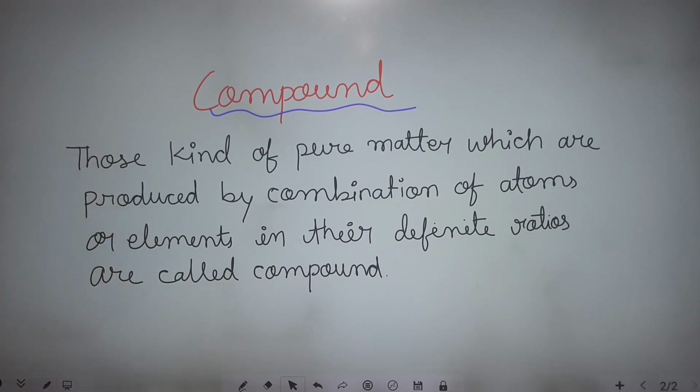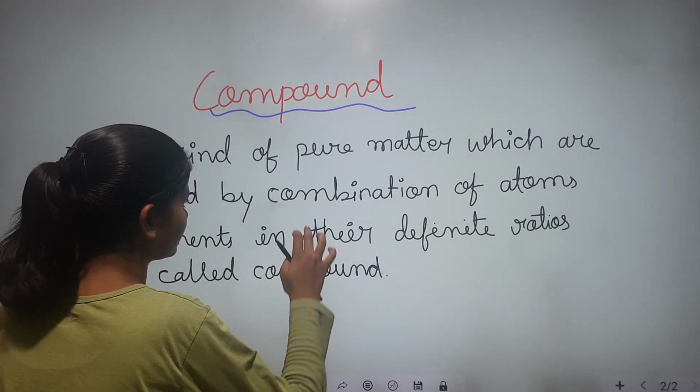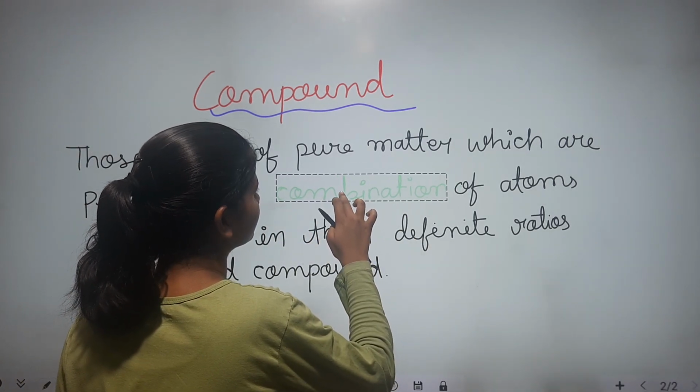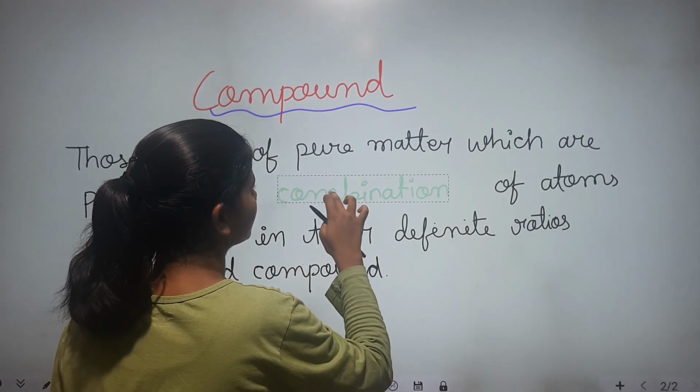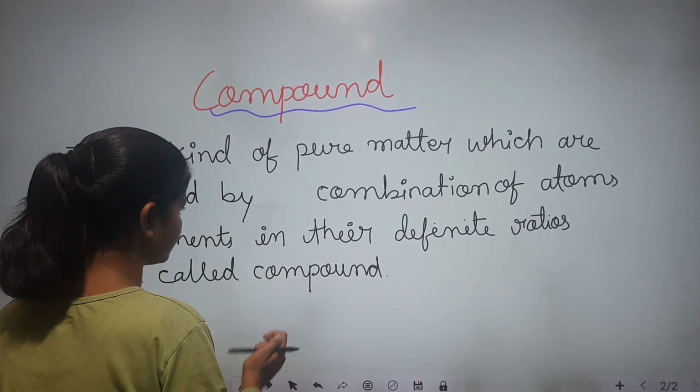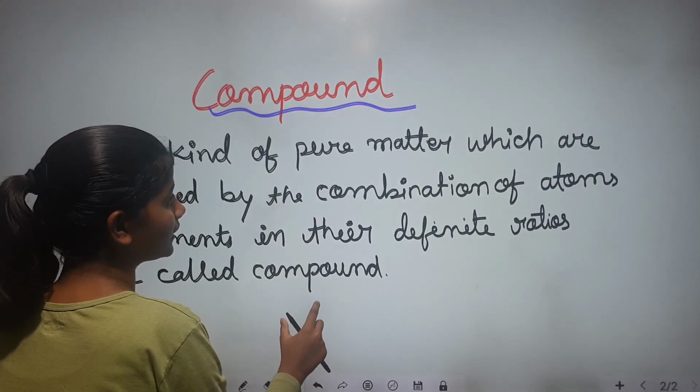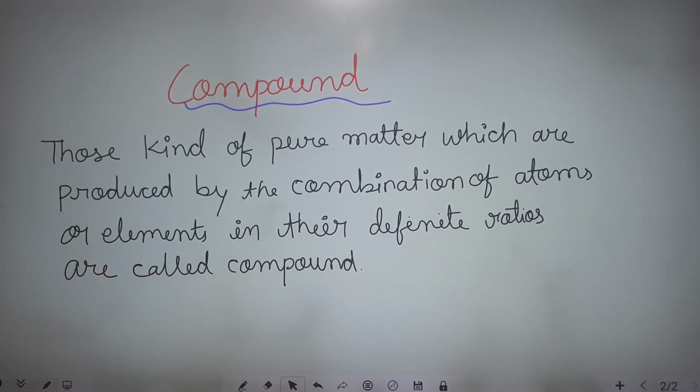So what is compound? Those kind of pure matter which are produced by the combination of atoms, or we can say elements, in their definite ratios are called compound.